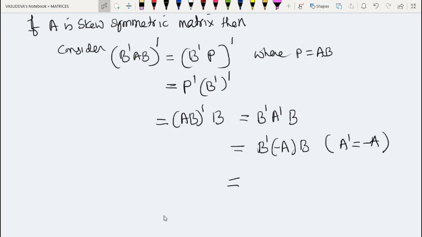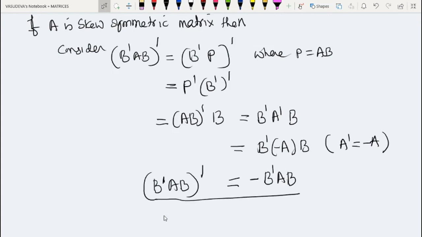So this you can write as minus of B'AB. So we have shown (B'AB)' is equal to minus B'AB. So this implies what? B'AB is skew symmetric.